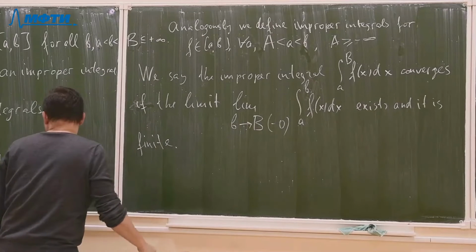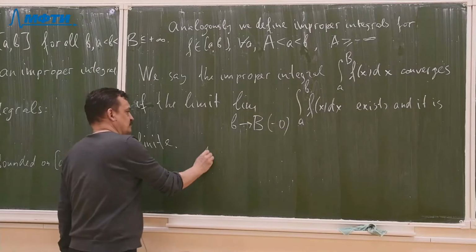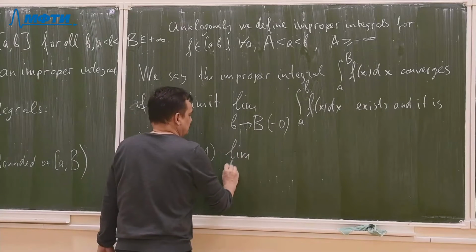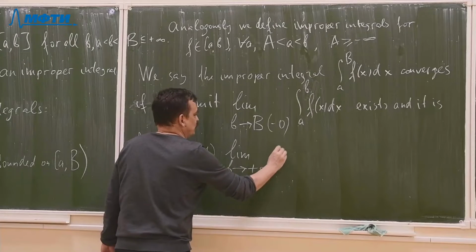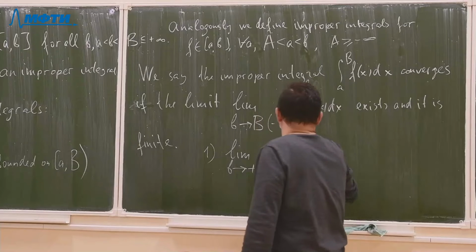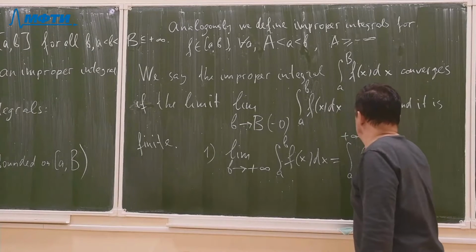So, you see, for the first type, the limit as b tends to plus infinity is equal to this integral.